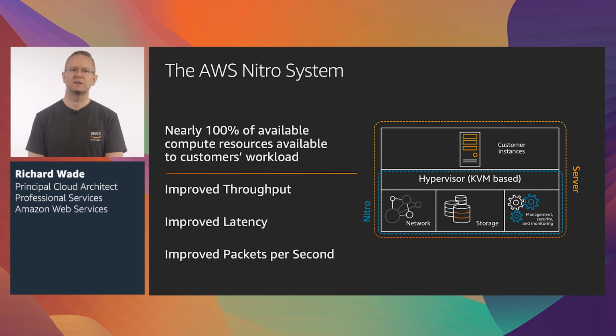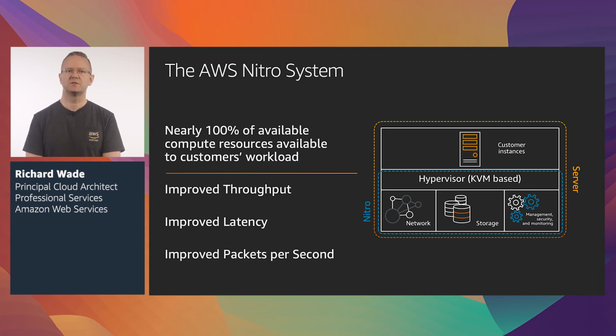From a networking perspective, Nitro improves on previous generations by optimizing the data path between customer instances and the physical network. It does this using a very thin KVM-based hypervisor layer and a dedicated purpose-built Nitro hardware card, which combines storage, networking, management, monitoring, and security.